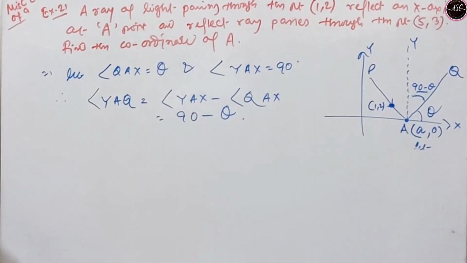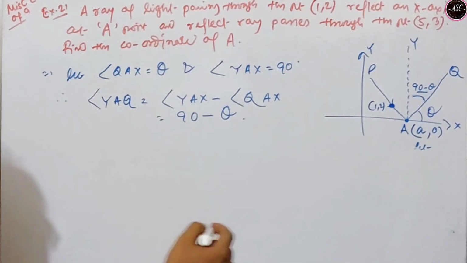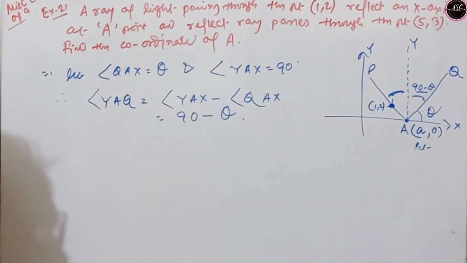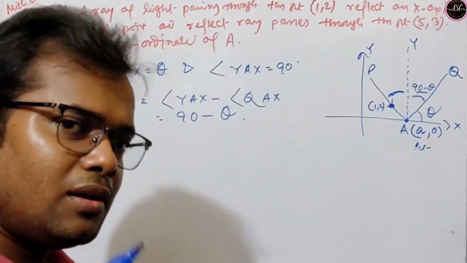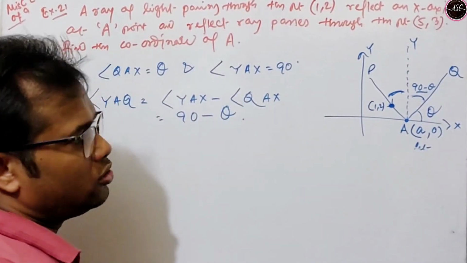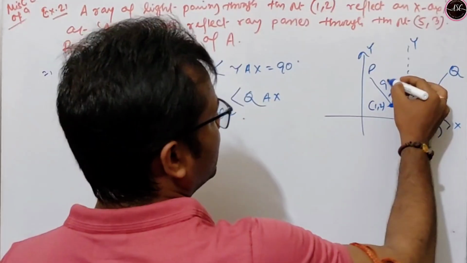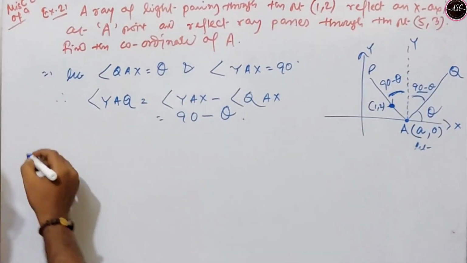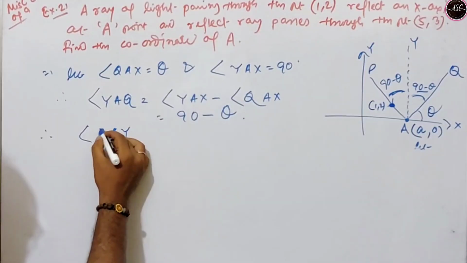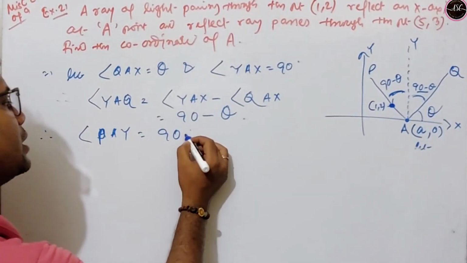Now, as the angle of incidence is equal to the angle of reflection, we know, this angle will also be 90 minus theta. So angle PAY equal to 90 minus theta.